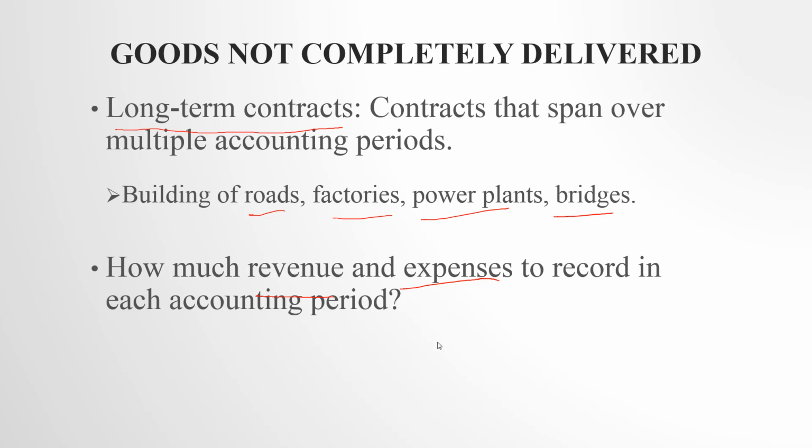Should we record 100% of the sales revenue immediately? Should we record 0 until the good has been completely delivered? Should we record 50%? How much should we record? Now, in order to answer this question, let's look at a flowchart that might facilitate our understanding.